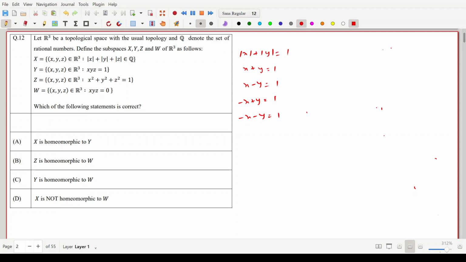So the graph of mod x plus mod y will be something like this. So this is your graph of mod x plus mod y equal to 1. That means this is a square.